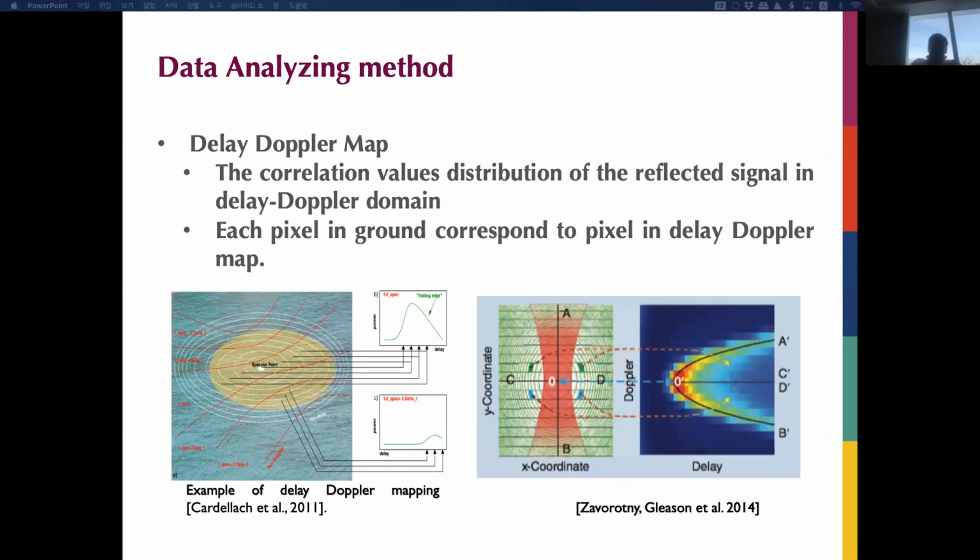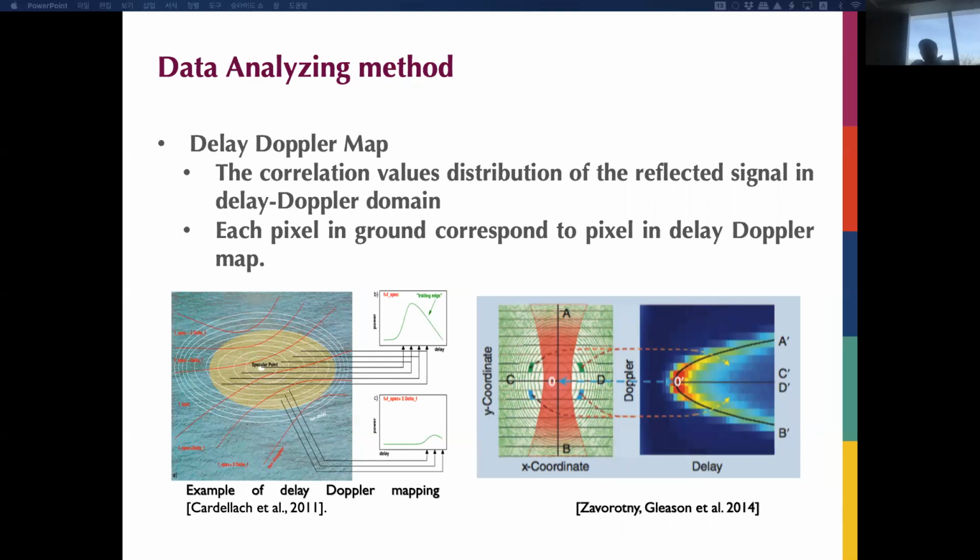If we measure the reflected signal using GNSS reflectometry, the delay Doppler map is the fundamental output from the receiver. A delay Doppler map is a two-dimensional image using a delay axis and a Doppler axis.